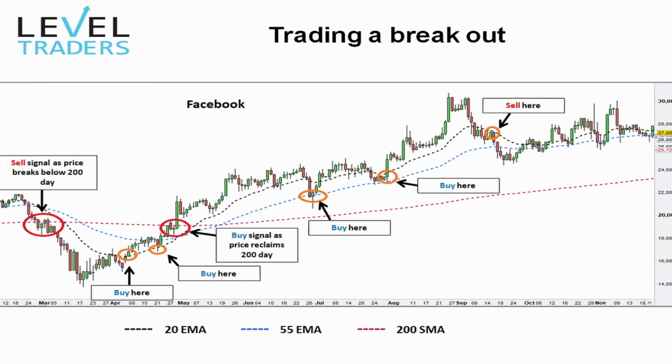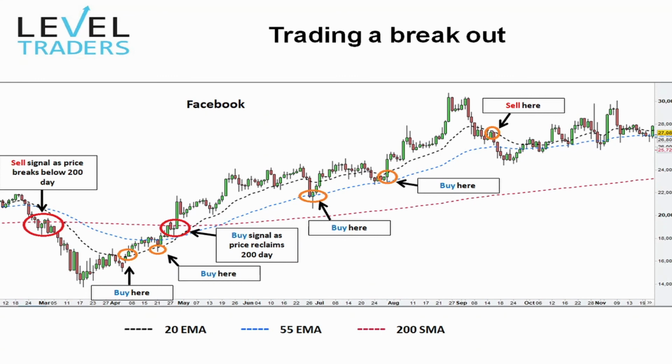Obviously, you then get the break above the 200 SMA late April. That was your clear signal to buy. Now, you could have also done the same strategy around July and August using the 55 EMA. So there was a false break in July 2020 where the EMA held, and you had a similar strategy in August where price came and retested the 55 EMA, bounced back, and you could have bought it there.